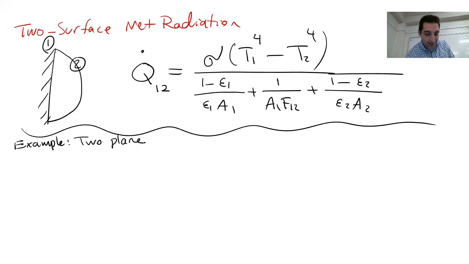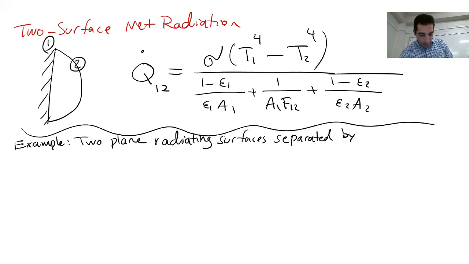Two plane radiating surfaces separated by a vacuum face each other. So that vacuum means that there's no convection in between each other.